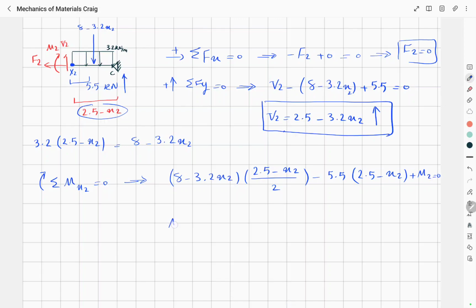This will give us an M2 equal to minus 1.6 x2 to the power of 2 plus 2.5 x2 plus 3.75 in this direction.